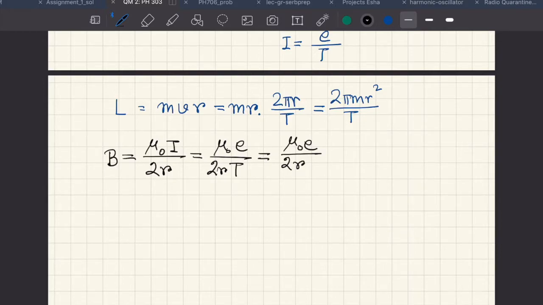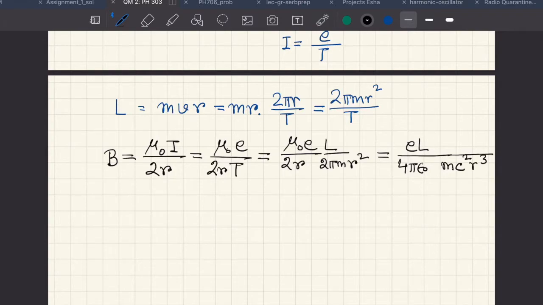We can just replace this T by the expression of L. So this is nothing but mu naught E L divided by 2 pi m r squared, because 1 by T is capital L by 2 pi m r square. So therefore this is equal to EL divided by 4 pi epsilon naught m c square r cube.